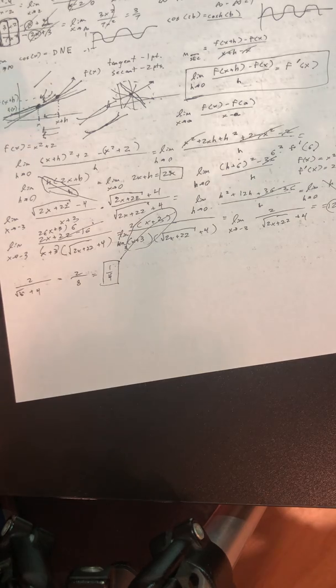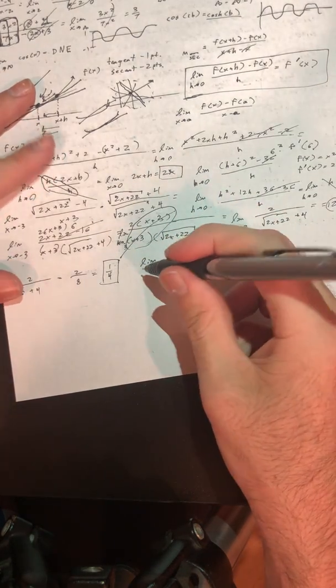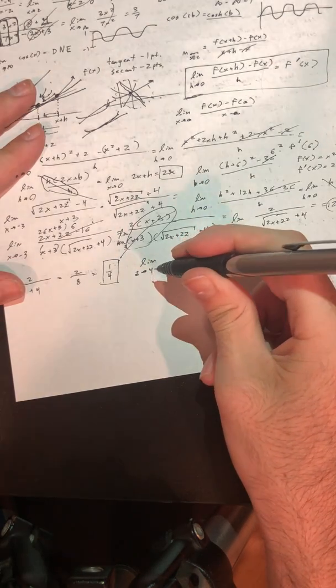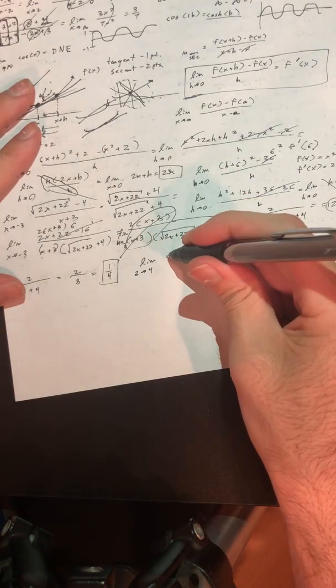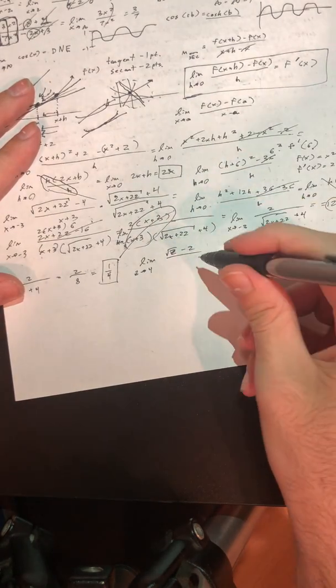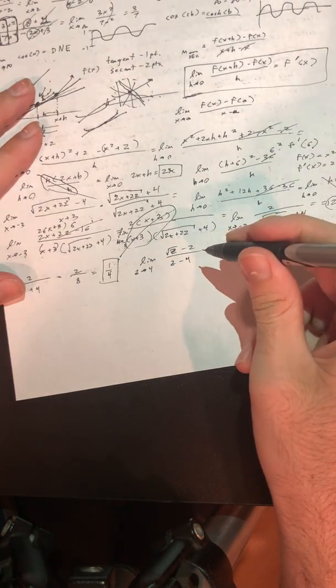One more thing that I will probably mention and then probably be done, because I need to get some sleep at some point. Let's say I was to ask you the limit as z approaches 4 of the square root of z minus 2 over z minus 4.